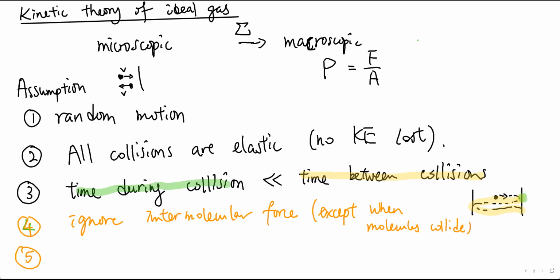The last one is to ignore the size of the molecule. So this is the kinetic theory of ideal gas, and it also includes those assumptions of ideal gas. So 4 and 5 are the assumptions of ideal gas, and 1, 2, 3 are the assumptions of kinetic theory. Okay.